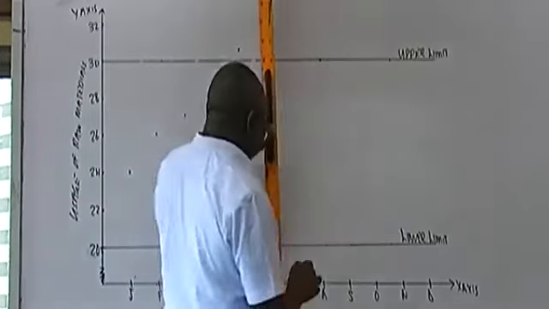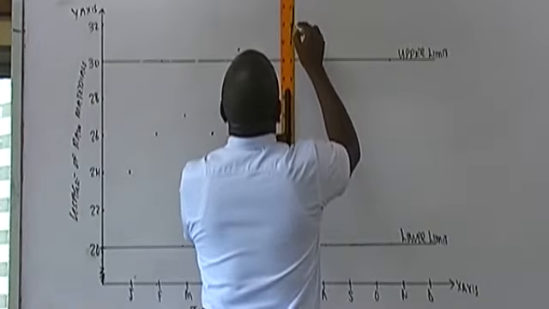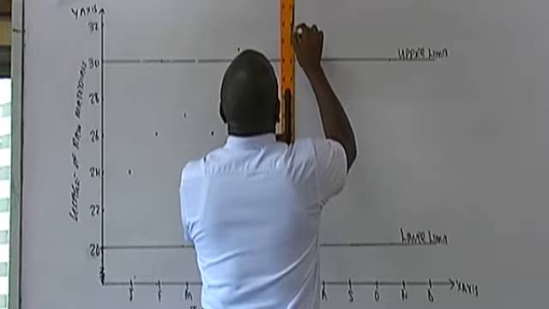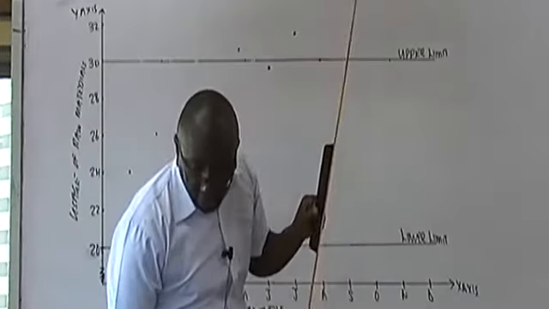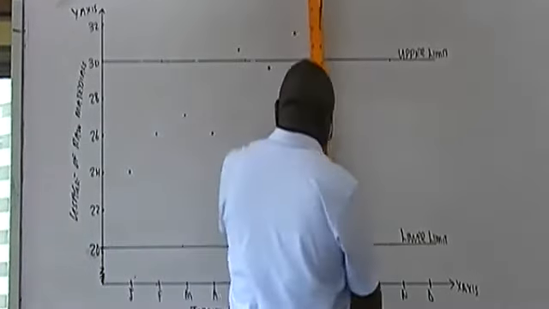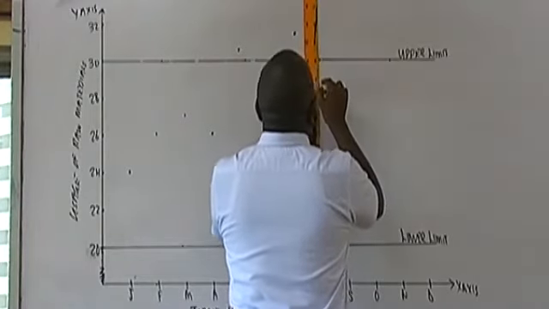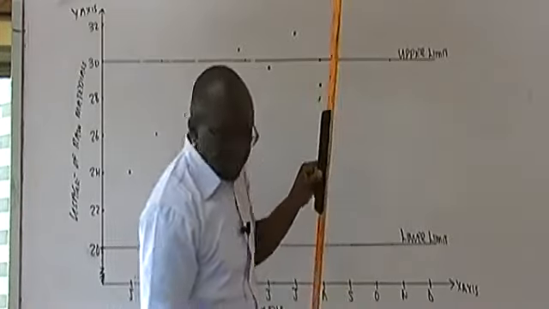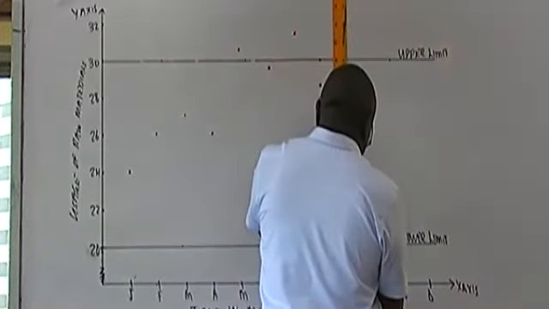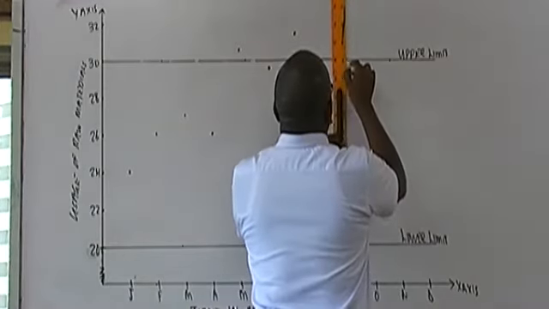Then we have that 21,500. That one must be this one, so 500 here. Then we have 28,500. 28 is here, so 500 here. Then we have 29,250, somewhere here.